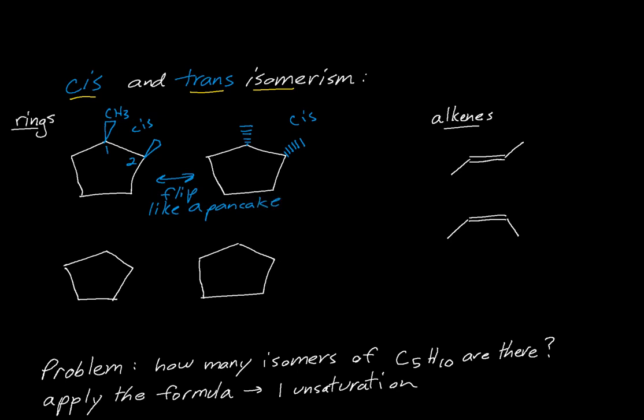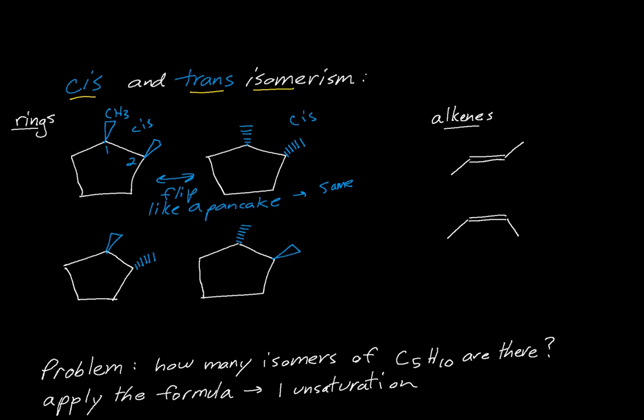you will get these two and notice that they're the same. So in fact, there is only one version of cis-1,2-dimethylcyclopentane. However, if I draw one up and one down and switch that over here, one down, one up, now if you flip it, they no longer overlap.